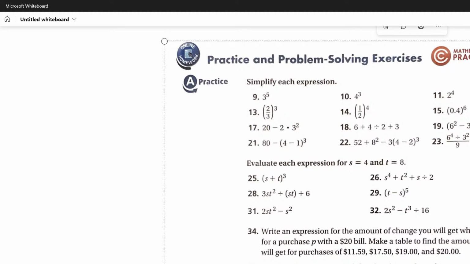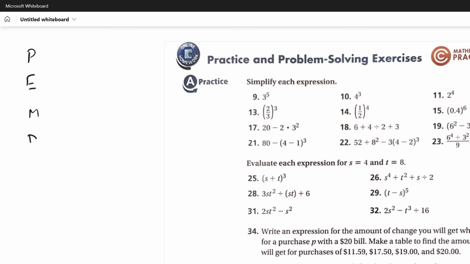I like this. So, first time, sorry to get the bugs out in front of you, but the whole idea today is I'm going to be talking about the order of operations. And if you remember, the order of operations is PEMDAS. P stands for parentheses.